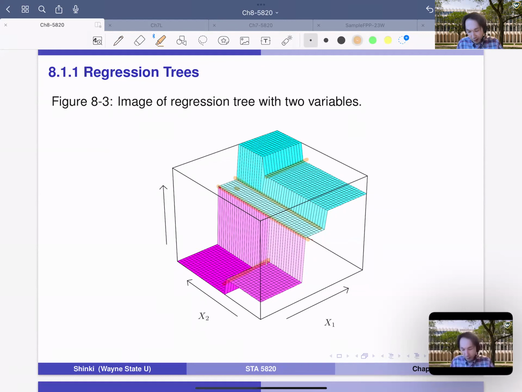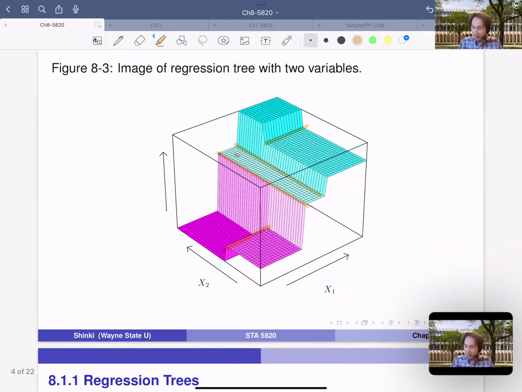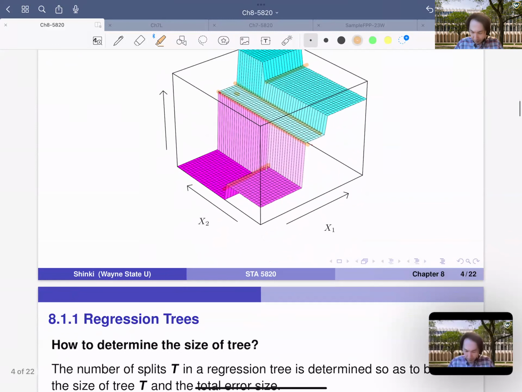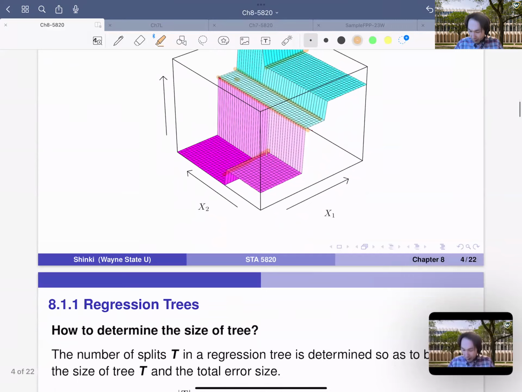So we have 4 splits, probably. And we have different average values. So you can see that this can express pretty complicated function of x1 and x2.